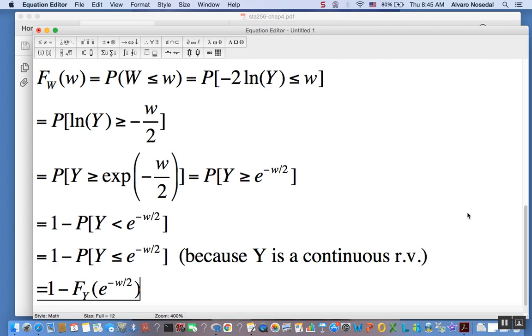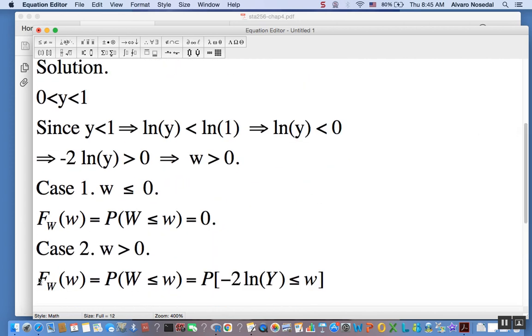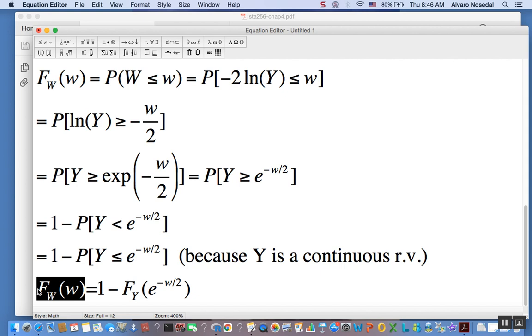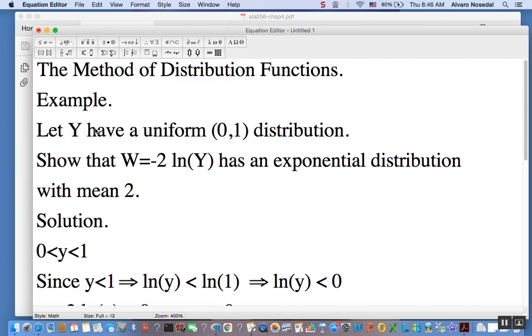So what we have established here is that the CDF of our new random variable W is just 1 minus the CDF of the original random variable Y. And that is useful because we know what the distribution of Y is.